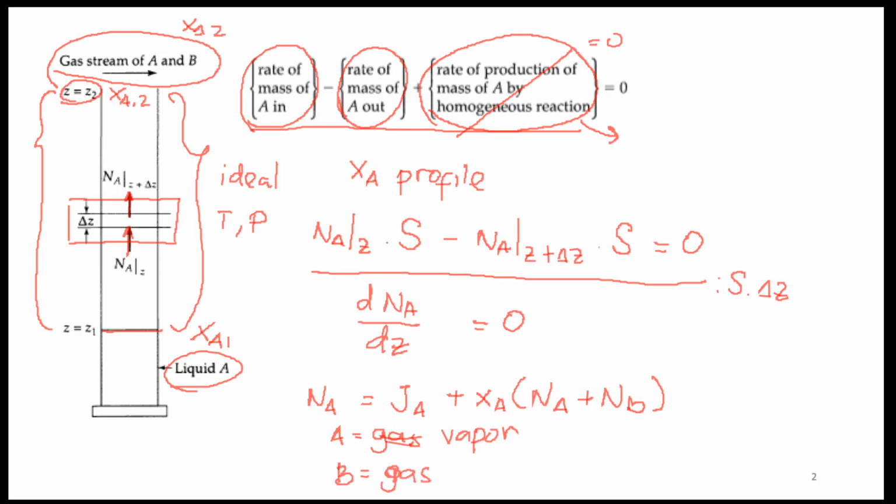Please remember that the gas is stationary, so NB equals 0. So at last, I will have NA equal to JA divided by 1 minus XA.